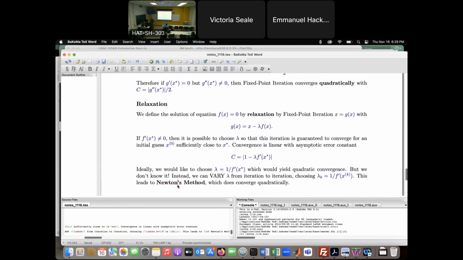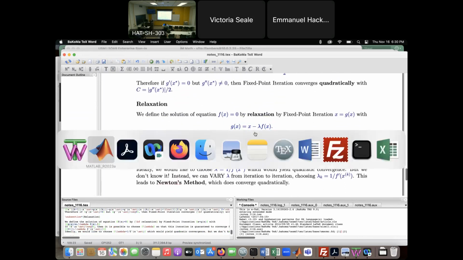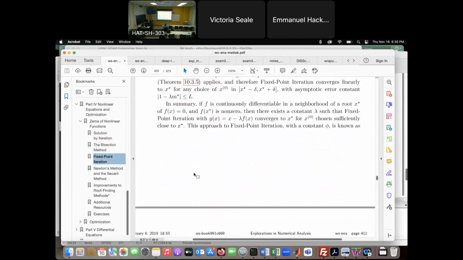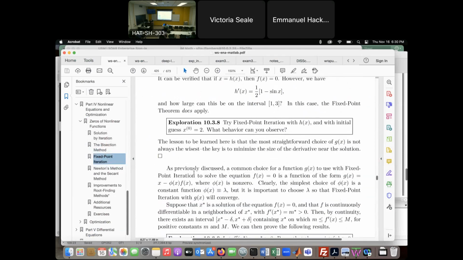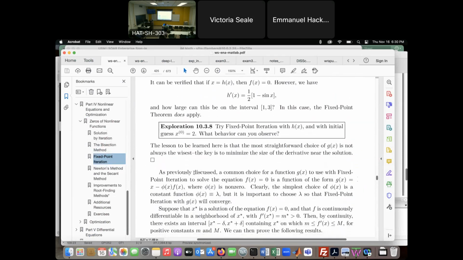Now, the proof that it's possible to guarantee convergence of this kind of fixed point iteration by choosing the right lambda, as outlined, is outlined in a couple of explorations that I did not assign, for which I'm probably grateful. Yeah, right here.